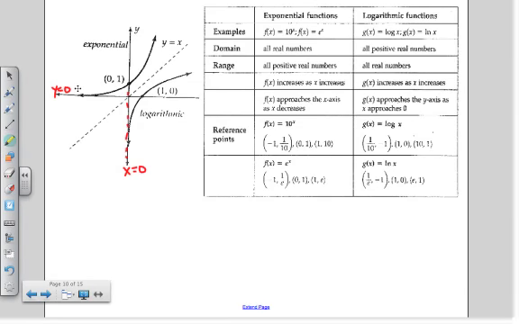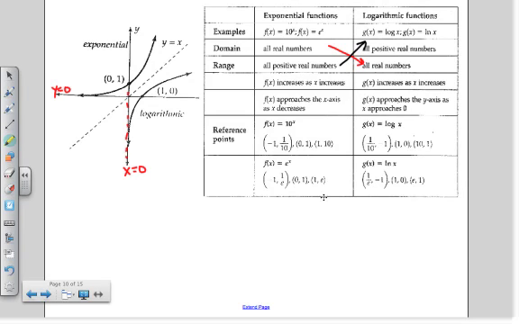And the range for an exponential function is only positive numbers. So their domain and range swap. The domain for this one is the range for this one, and the range for exponential is the domain for logarithmic. So everything swaps. Notice that an exponential function is increasing. This is in its most basic form, and so its inverse also has to do the same, which is that it increases.